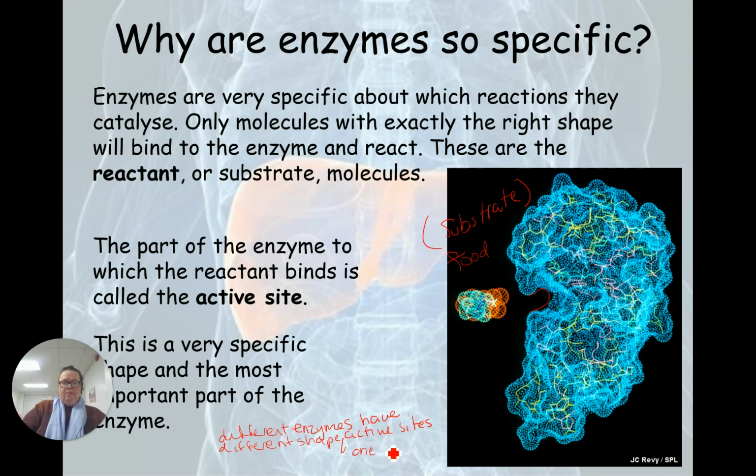So only one substrate, one food molecule will fit. And that's why we say enzymes are specific. So you couldn't take hemoglobin out of your blood cells and expect it to break down food, because it's a different type of protein, and so are these enzymes. All right, let's go on to the next bit.